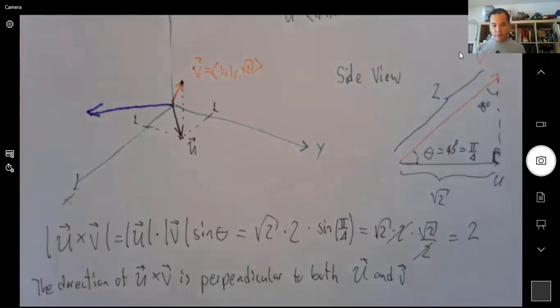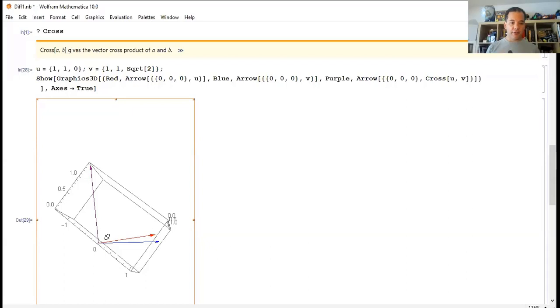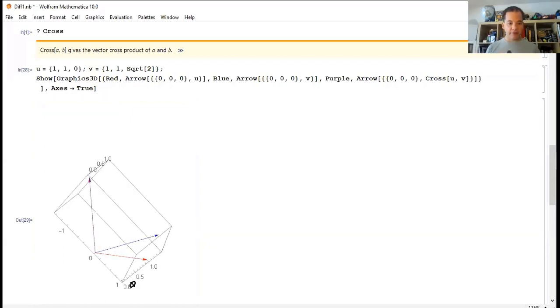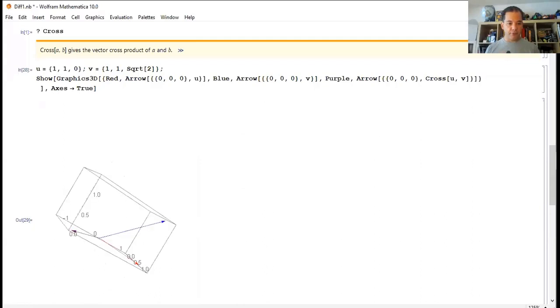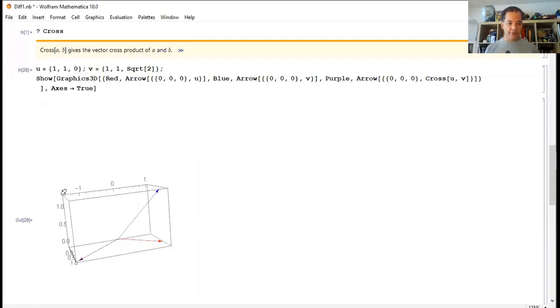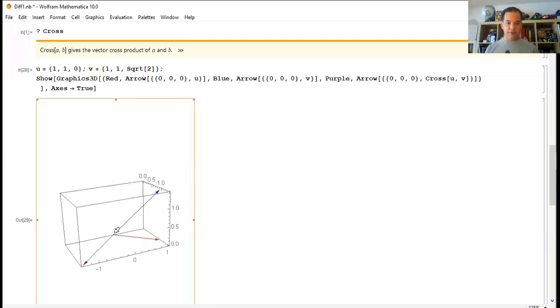And so this picture gives you a little bit of an idea. And also, we have the other picture in Mathematica. Let's go back to that one. The one that I was showing you in Wolfram, this one over here, which I can rotate. That's the part that I like. To make it match the other one we had, it would be more or less like this. So this is the u vector.